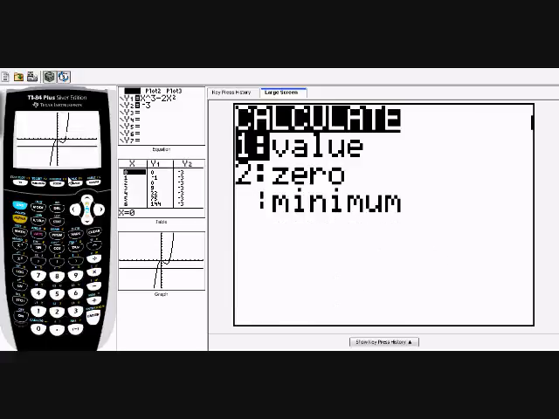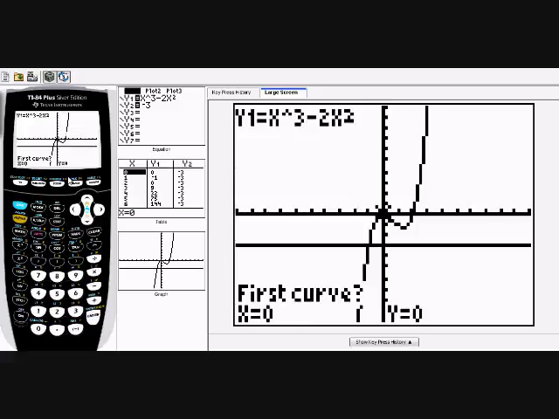Okay, it's going to ask me a series of questions. First curve. You should see the crosshairs bouncing on the y1. You'll see in the upper left-hand corner y1 equals. That's your first curve. Just hit enter.